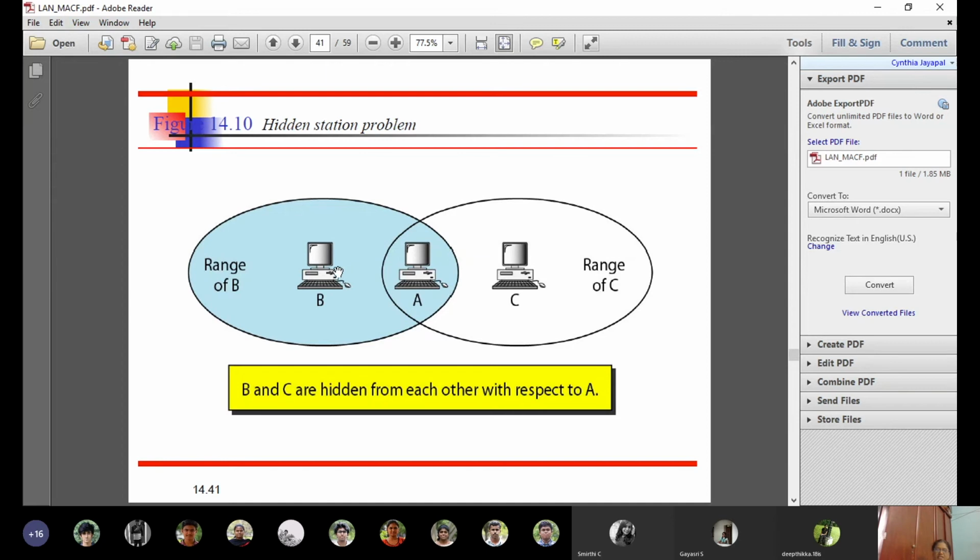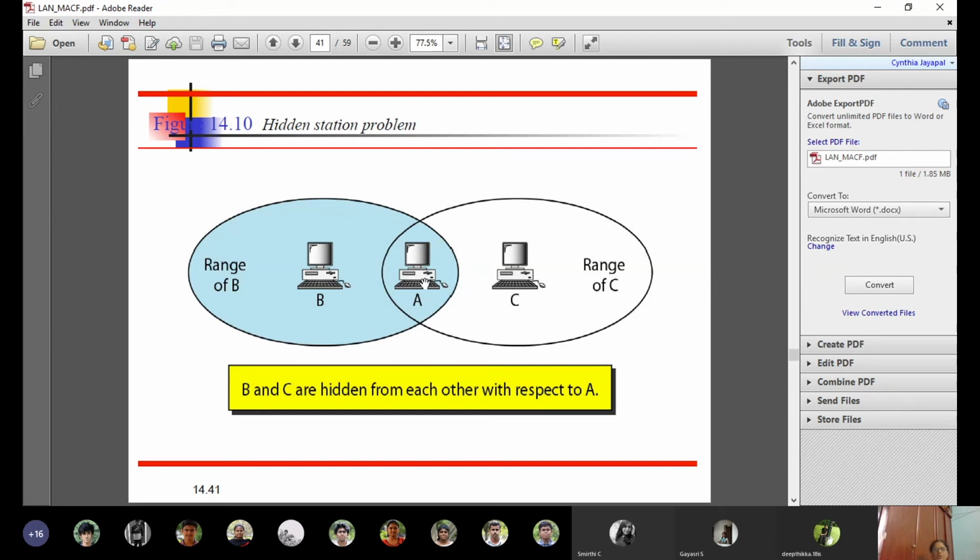When B is transmitting, as in a wired channel, it will sense the medium, find that the medium is free and start transmitting. At the same time, C also senses the channel, and because C is out of range of B, it cannot detect that B is transmitting, so C will also transmit at the same time. Collision will occur somewhere here.